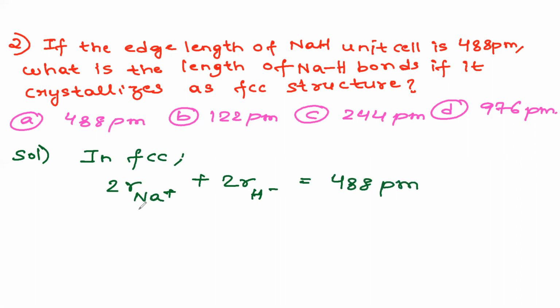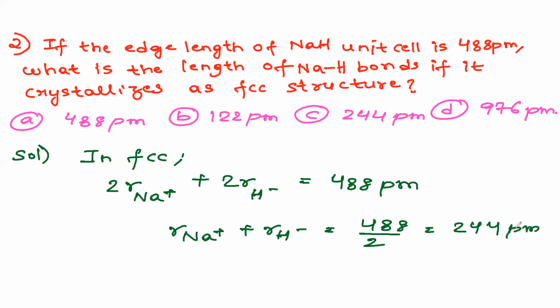It is given already. So the length of NaH bond, radius of Na plus plus radius of H minus, is equal to 488 by 2, which is equal to 244 picometers. This represents the length of NaH bonds. So the answer is the third option, that is C.